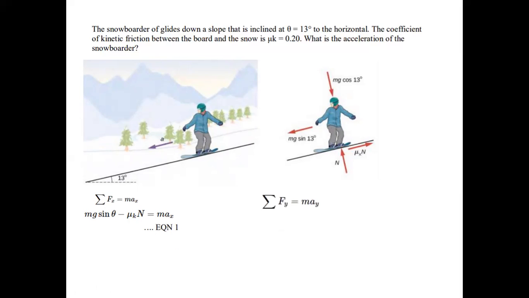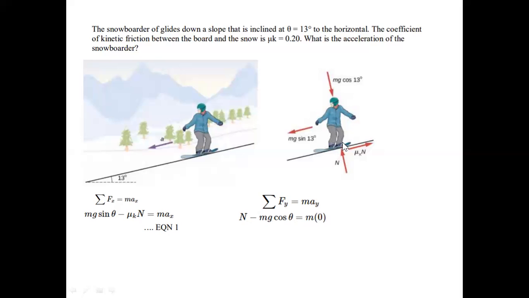Now, for our second equation, we're going to establish our balance of forces with the inclined vertical axis. So summation of Fy is equal to mass times the acceleration with the vertical axis. For upwards positive, downwards negative, n minus mg cosine theta is equal to mass times 0.